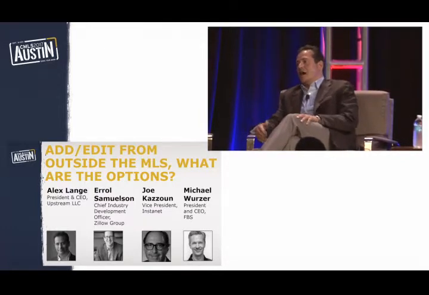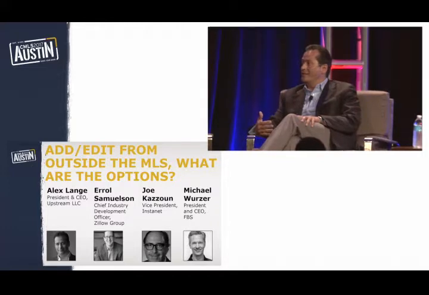I'm really excited about what RESO is doing with the business rules and moving forward in that direction, because I think that sort of standardization will make this problem 10 times easier, right?